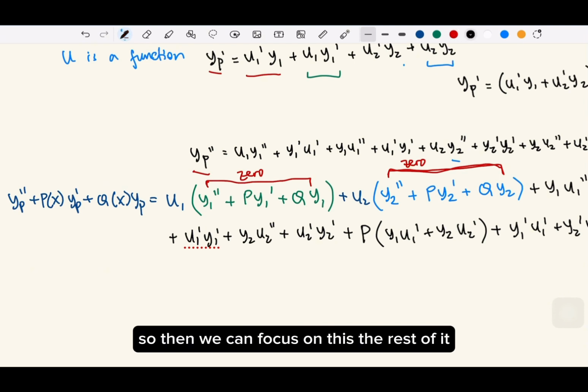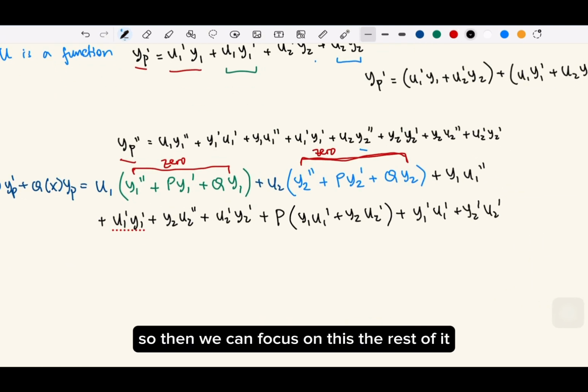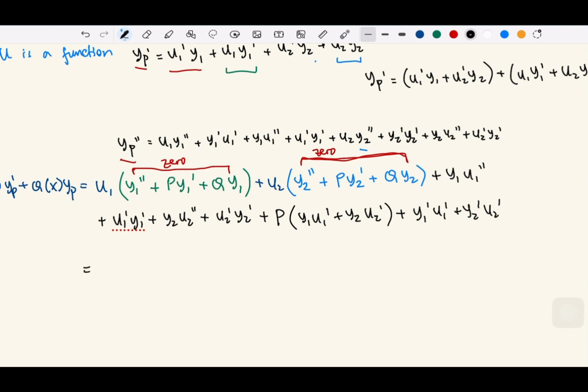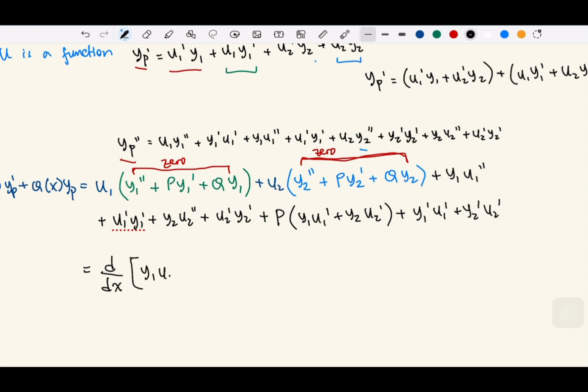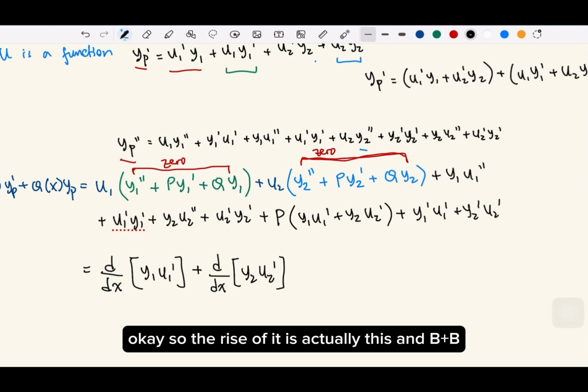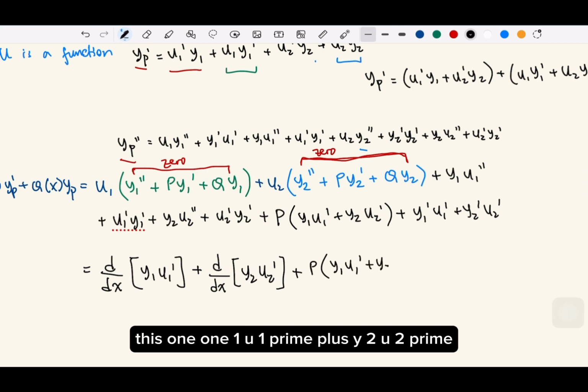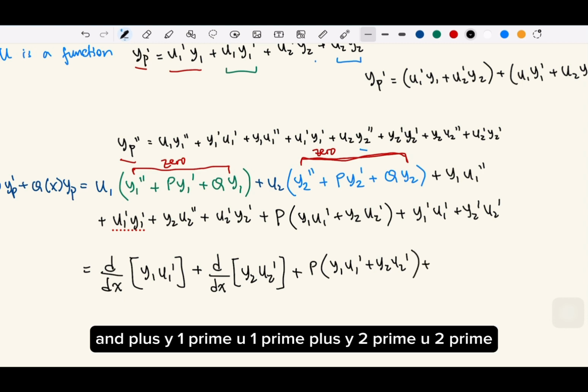So then we can focus on the rest of it, which we can somehow simplify in the product form. So the rest of it is actually this, plus p times y1 u1 prime plus y2 u2 prime, and then plus y1 prime u1 prime plus y2 prime u2 prime.